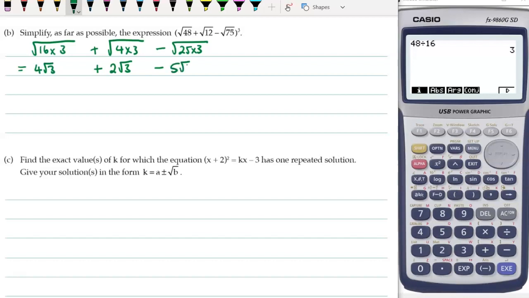So that is 5 root 3. So 4 plus 2 take away 5 is simply root 3. And then root 3 cubed is equal to, well, if we do root 3 times root 3 times root 3, those two root 3's would make it into a 3. So we have 3 root 3.